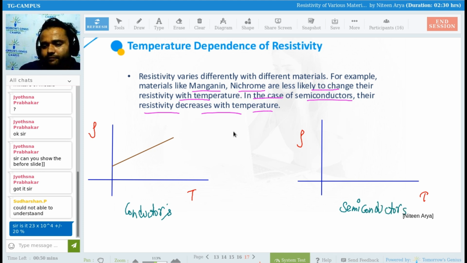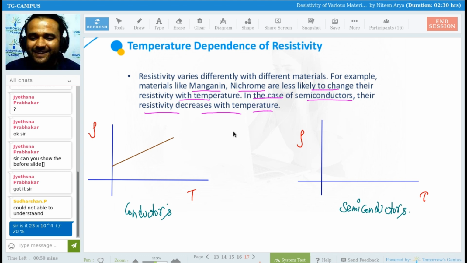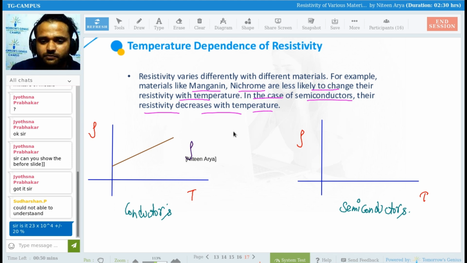Tell me, beta. Semi go down. What is the meaning of this? Can anyone explain?